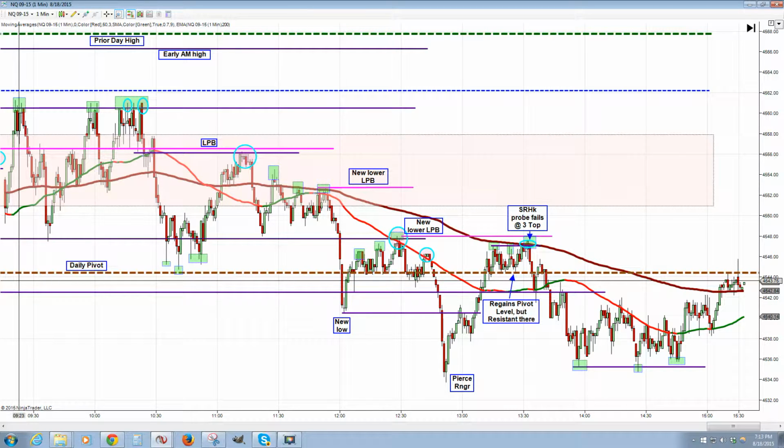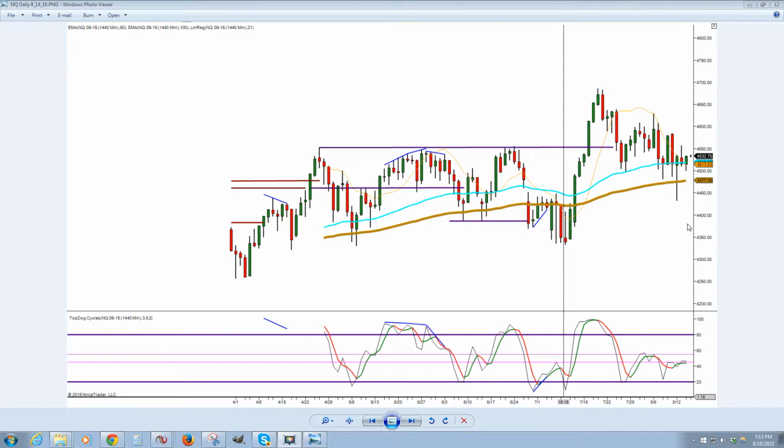And that brings me to the final thing you always want to do, and that is you always want to look at the daily chart. So this is another chart that I have on my third screen over there to the left.